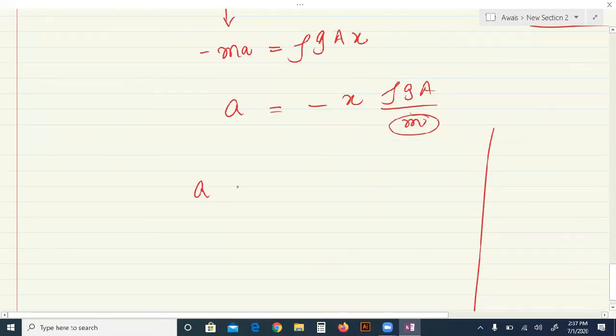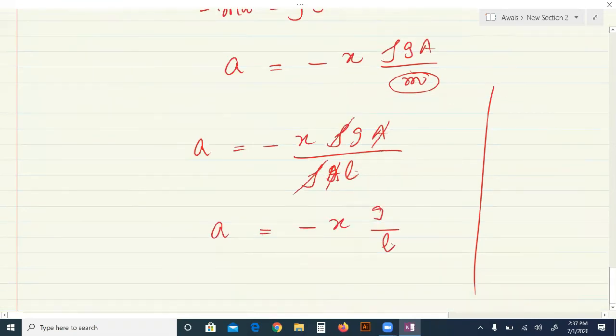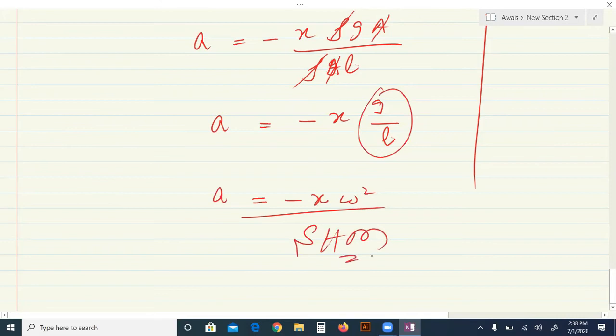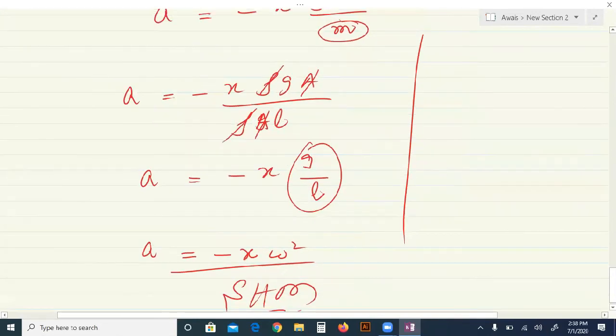So we replace m: minus X rho G A over rho A L. Here rho cancels, A cancels, so a is equal to minus X G over L, and we have done already that G over L is omega square. Hence proved that a is equal to minus omega square X. So the oscillation of this tube in the liquid is simple harmonic motion.